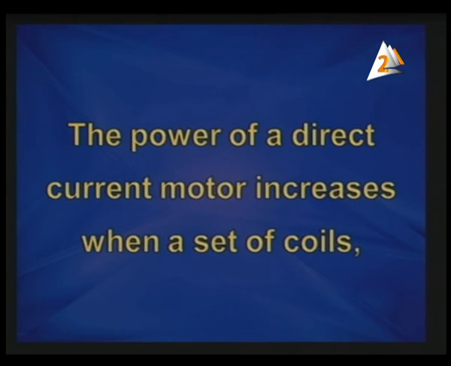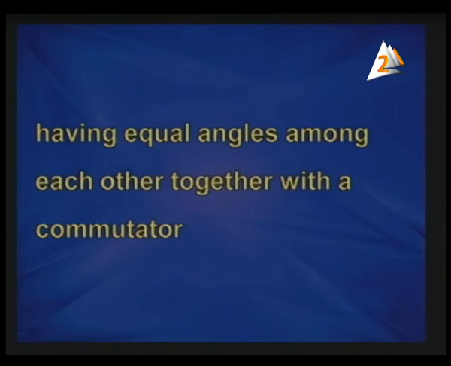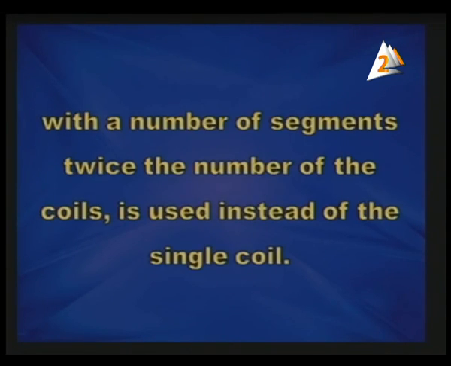The power of a direct current motor increases when a set of coils having equal angles among each other, together with a commutator with a number of segments twice the number of coils, is used instead of the single coil. Give reason. We want you to explain this.